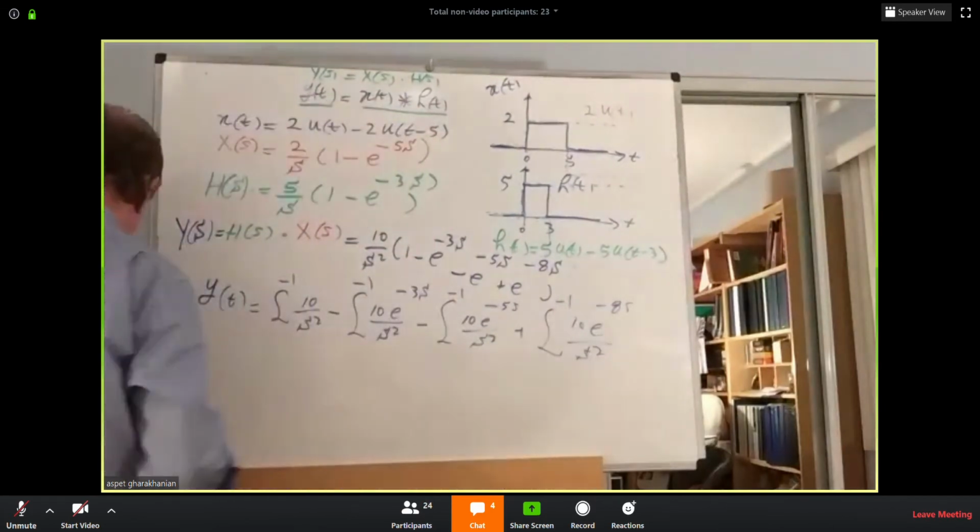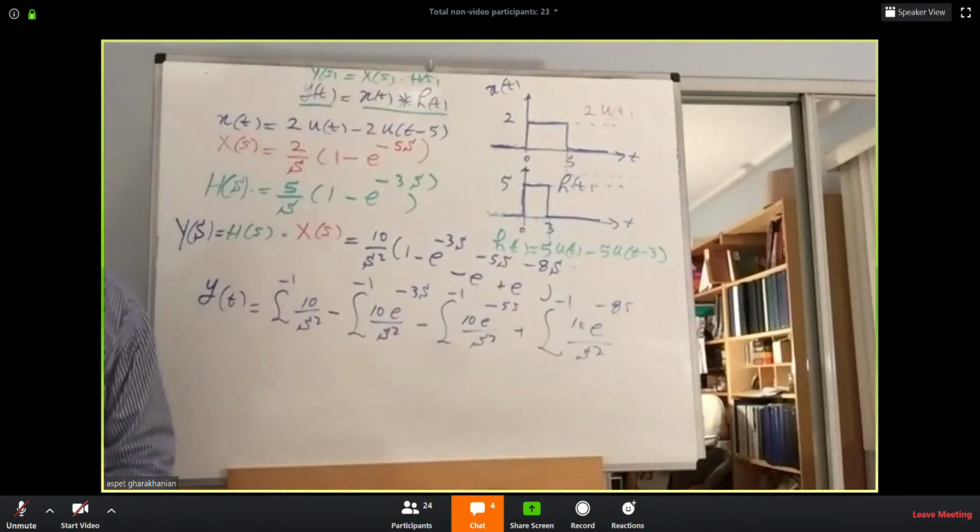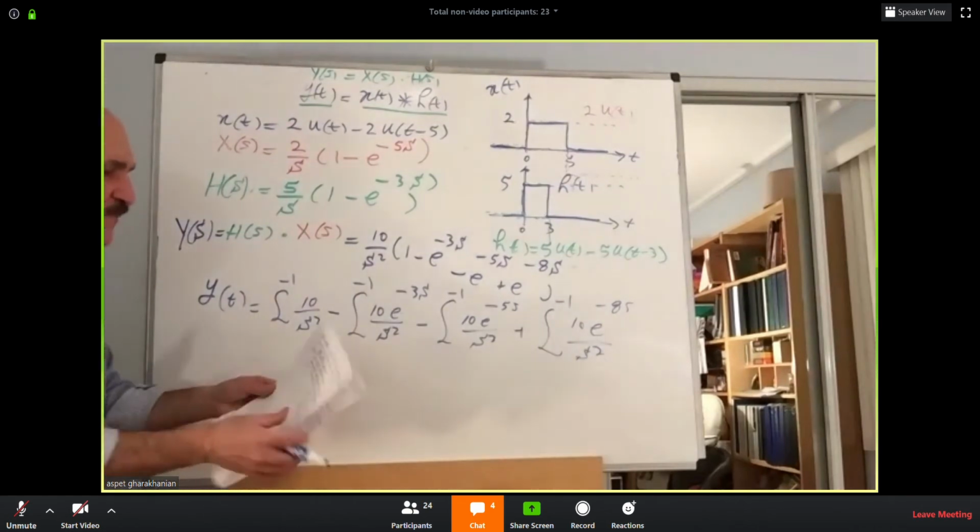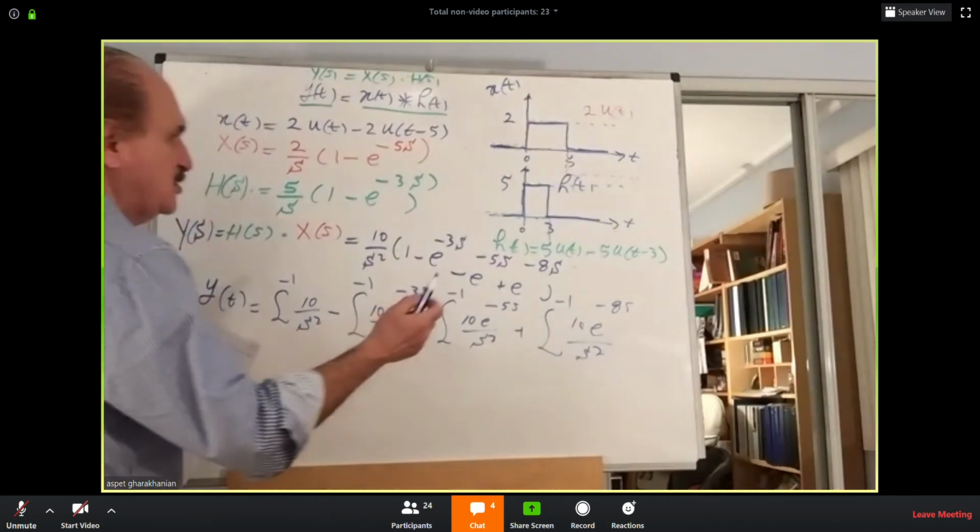You will transform into the following function. So this is our final function.